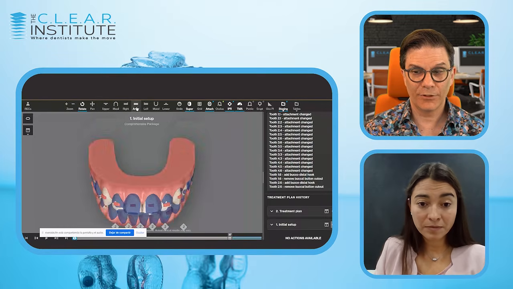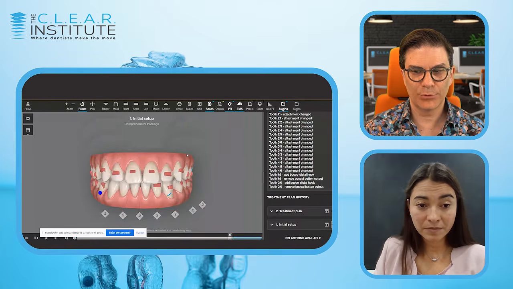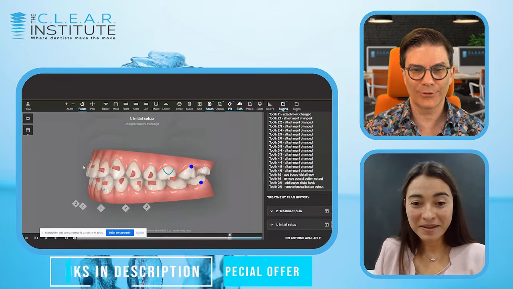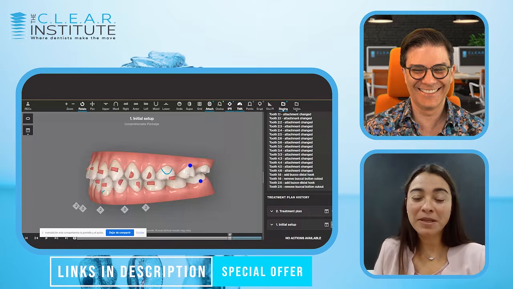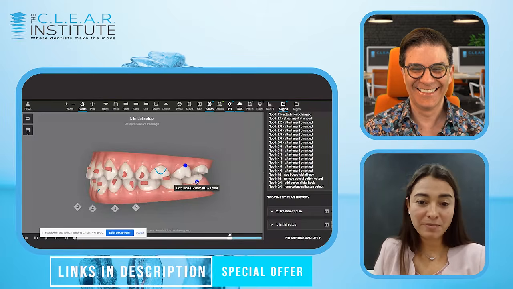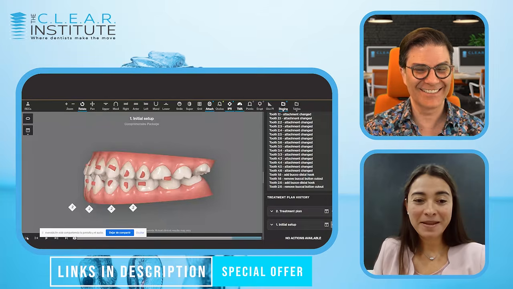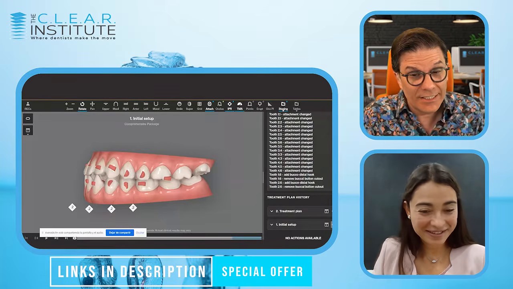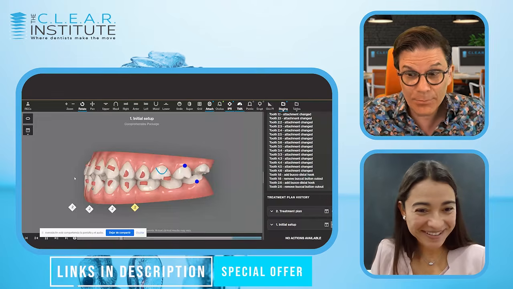That's a very easy and predictable movement. Yes, distalization of the molars, along with an extrusion of almost 1 millimeter with no attachment. Exactly. But if it's happening on the ClinCheck, Adriana, it's because it's going to happen in real life, right?